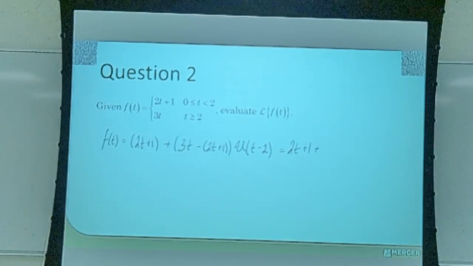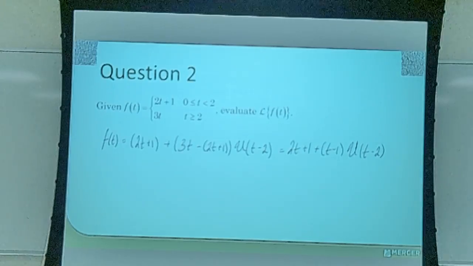And what is that? T minus 1 times the step function of t minus 2.